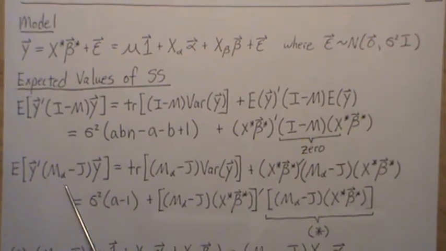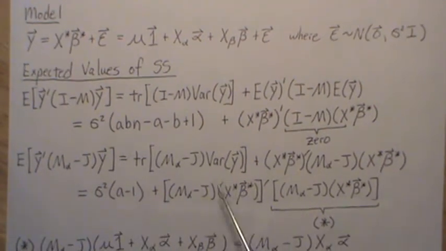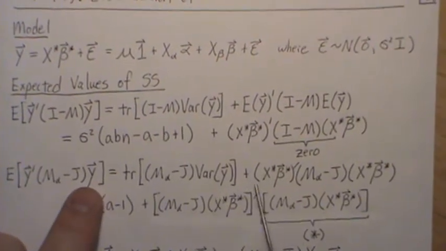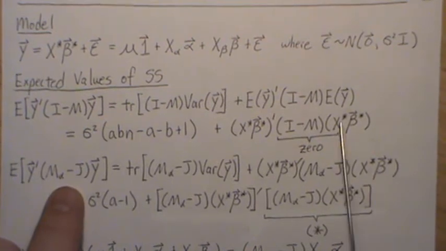Here's the mean squared error for factor A, so it's the sum of squares for factor A. Then, using the formula that we derived for the mean of a quadratic form, it's the trace times the variance, plus the mean of y transpose times this matrix times the mean of y.